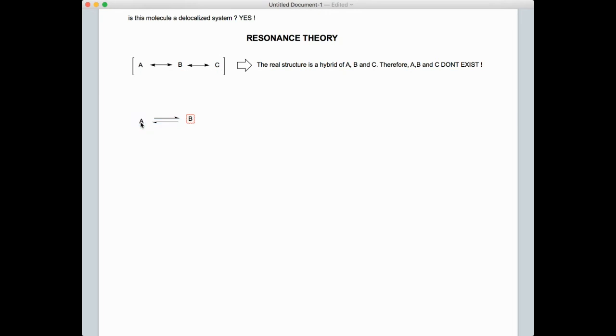If you see this between A and B, everybody knows from general chemistry that this means an equilibrium between A and B, meaning that both A and B exist. They are both in equilibrium in solution. That's an equilibrium, which I've seen in general chemistry a million times. So these two molecules, A and B, coexist in solution.